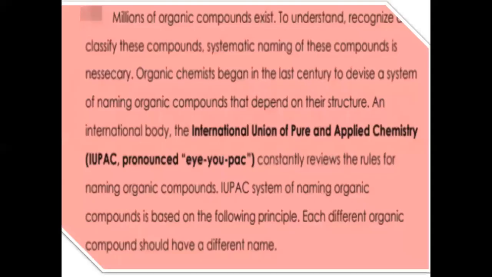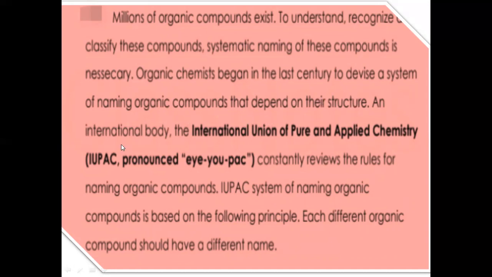Millions of organic compounds are present in our surroundings, and to understand how we will recognize them, how we will classify them, how we will learn their names, systematic naming of these compounds is necessary. Organic chemists began in the last century to devise a system of naming organic compounds, and that system depends on their structure.